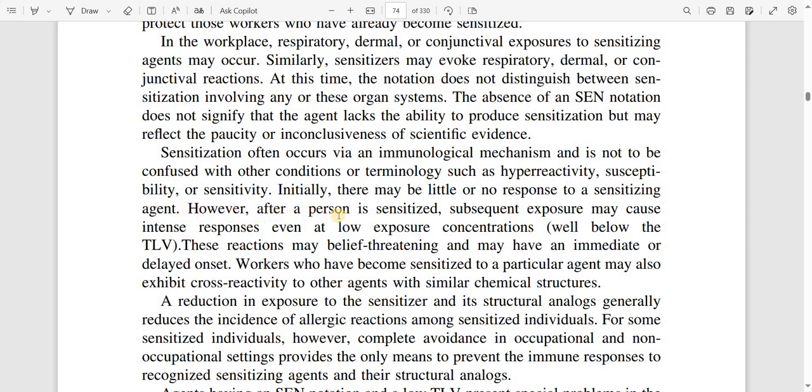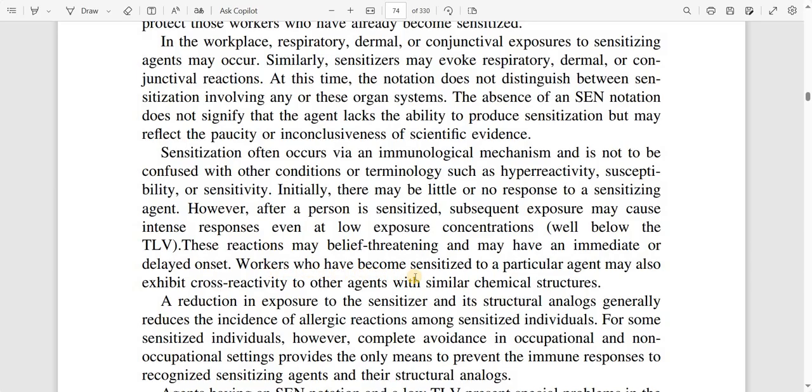However, after a person is sensitized, subsequent exposure may cause intense responses even at low exposure concentrations well below the TLV. This reaction may be life-threatening and may have an immediate or delayed onset.